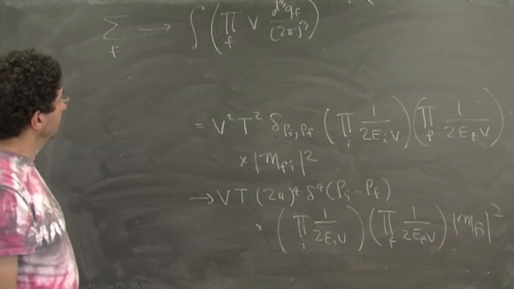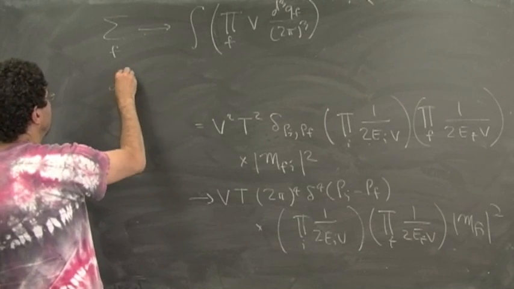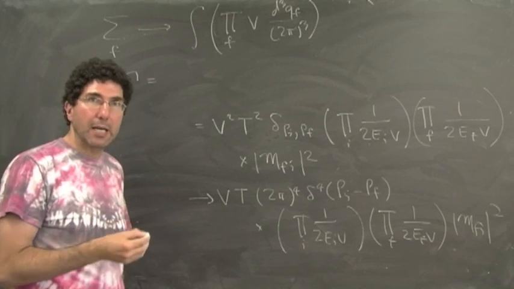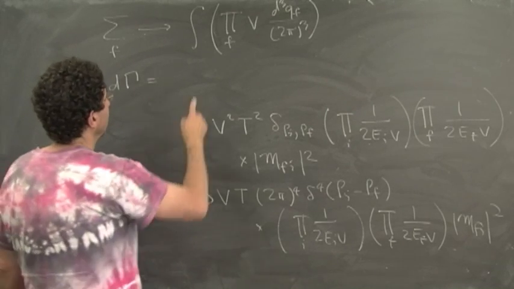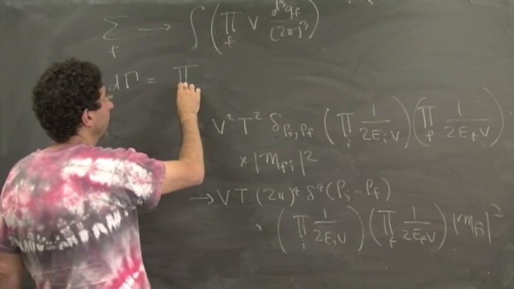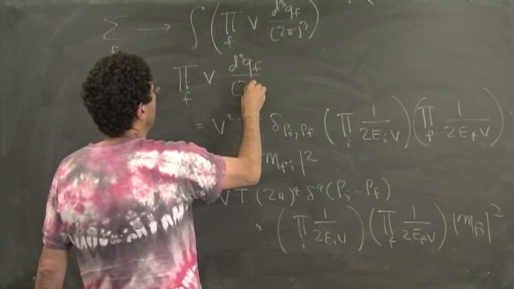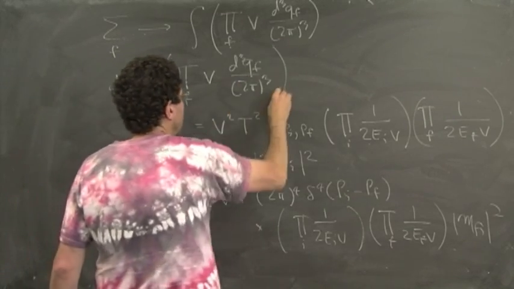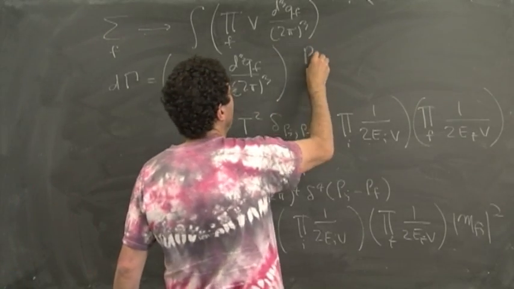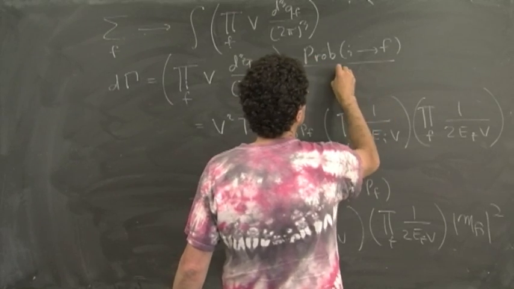And so what this means is that I'm going to define a differential rate, d gamma, okay? That is a probability per unit time, okay? So this thing right here is going to be this measure right here, the product over f, V times d cubed qf over 2 pi cubed. That is the final state measure, right? And then I'm going to look at the probability to go from the initial state to the final state per unit time.